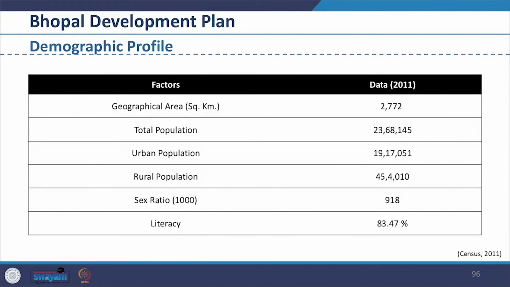Further, we see that the sex ratio of Bhopal as indicated in the document is 918 females per 1000 males as per census 2011. This ratio is equal to the sex ratio of the state of Madhya Pradesh. However, it is less when compared to other cities of the same category. A balanced sex ratio represents a stable social structure. A low proportion of females indicates a lack of housing facilities in the city.